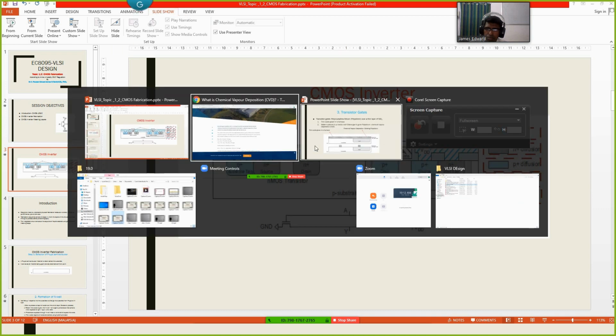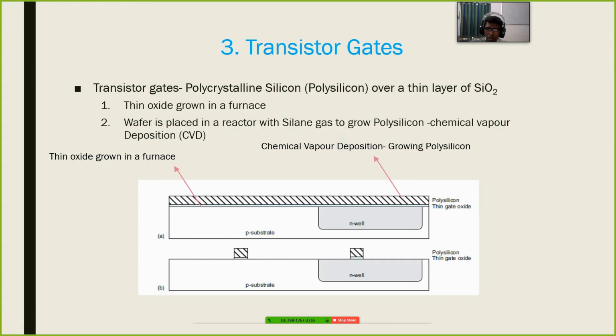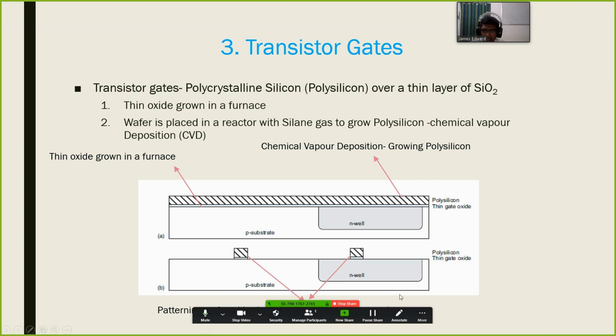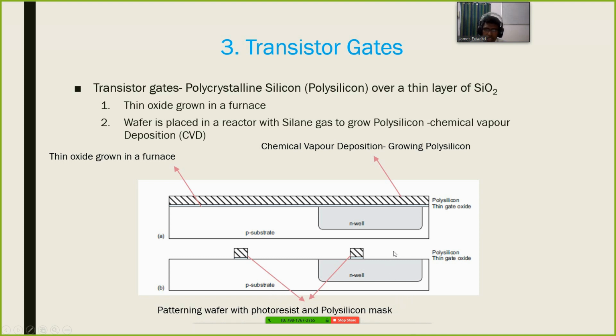So we saw what chemical vapor deposition is, and the polysilicon gate is formed by stacking two layers, that is a SiO2 layer and a polysilicon layer. The patterning is done using a photoresist and polysilicon mask, similar to the N-well formation where the N-well mask was used.